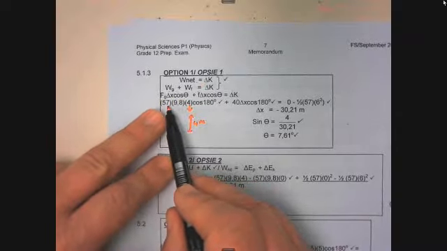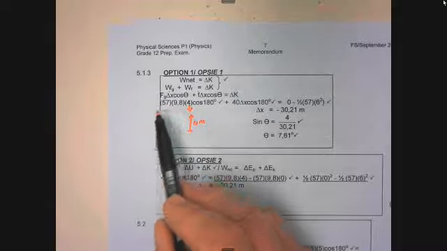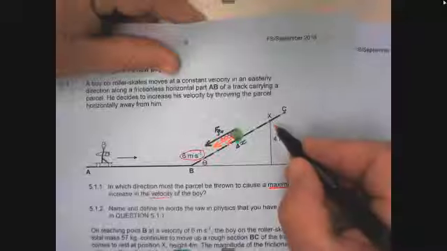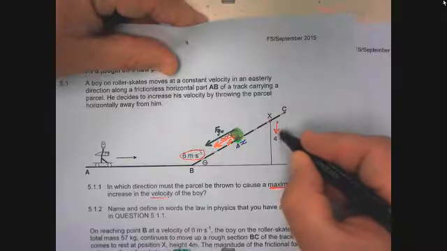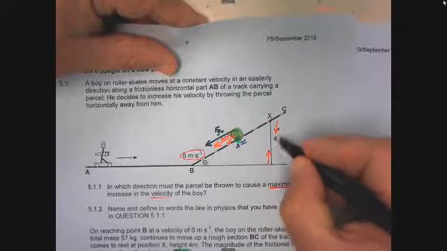Firstly, the work done by the gravitational force. We are going to make use of the 4 meters here. So the gravitational force is acting downwards, but the displacement is upwards, so the angle between those two will be 180. So let us look here.